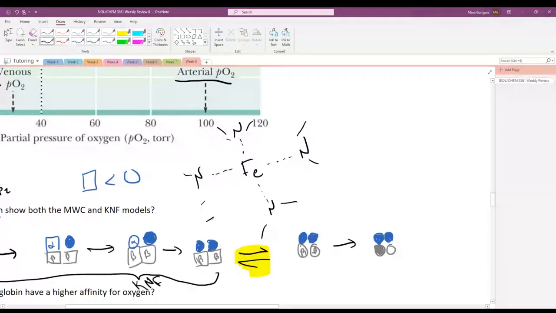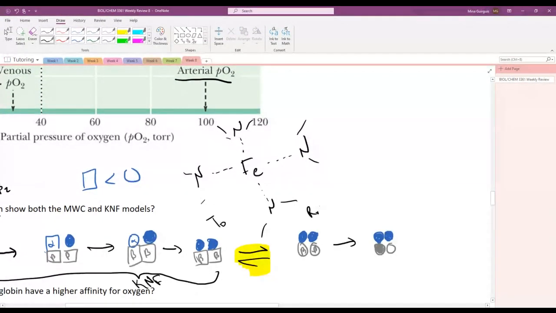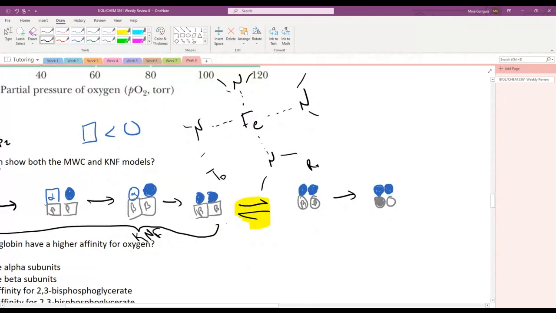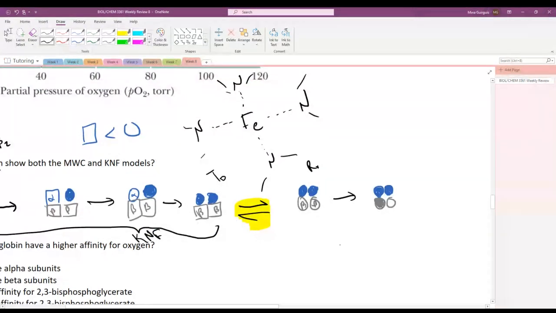If we think of this as the tense form and this is the relaxed, what we're seeing is now as soon as hemoglobin has oxygens bound to both of its alpha subunits, that can induce a conformational change that makes it able to bind more with its other subunits, exactly like we see here. So the first half of hemoglobin binding is absolutely the KNF model. The second half is the MWC.